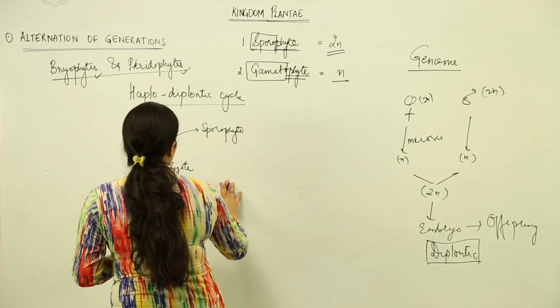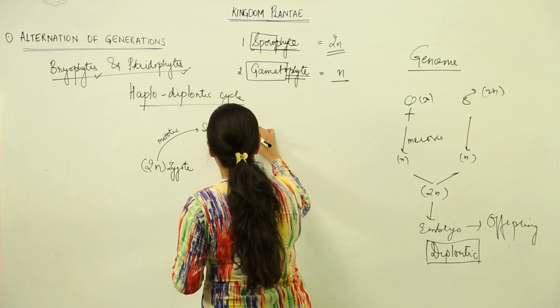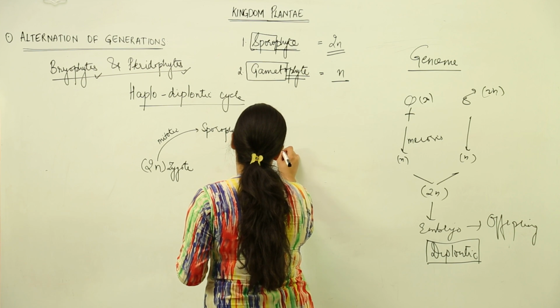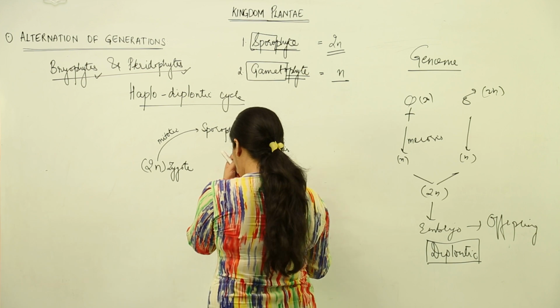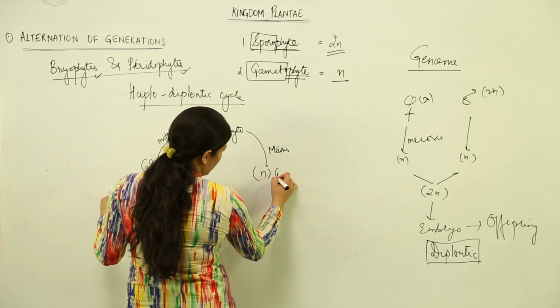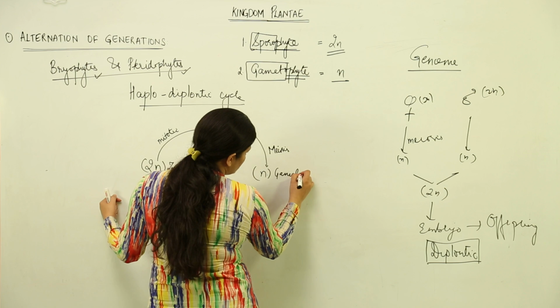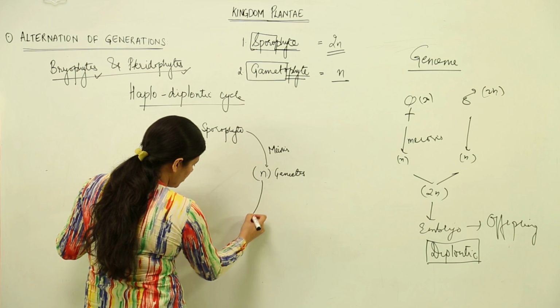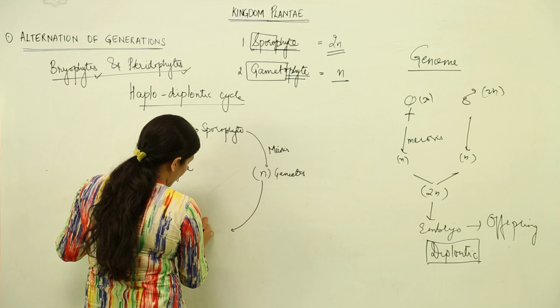Alright. Now this sporophyte would grow, it would undergo meiosis. Okay, there would be formation of spores, and these spores would germinate and give rise to gametophyte.